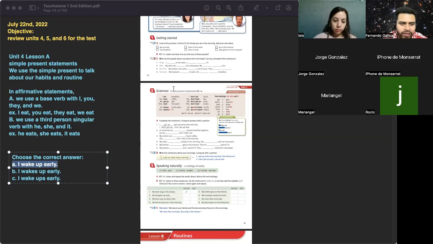Okay. George, ¿por qué pensaste que es B? Que le tenía que agregar la S. ¿Y por qué le tienes que agregar la S? Pues no, no se la tengo que agregar. Ok. Good. ¿Cuándo usamos el verbo con S, George?